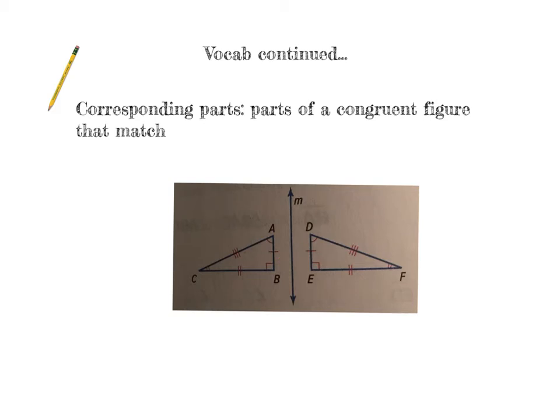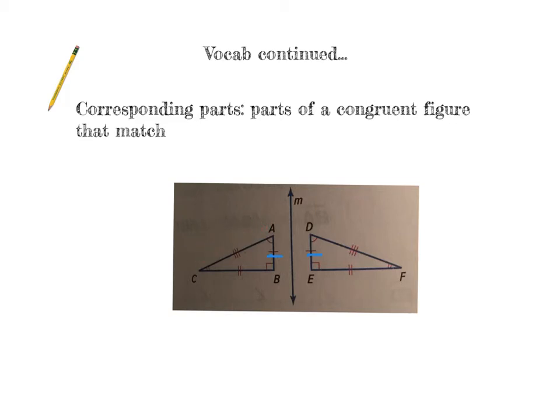That's indicated by this marking, one line. That means that AB is the same length and it corresponds, or it's the same part of the triangle, as DE. Same thing you can see here with this line, CA.